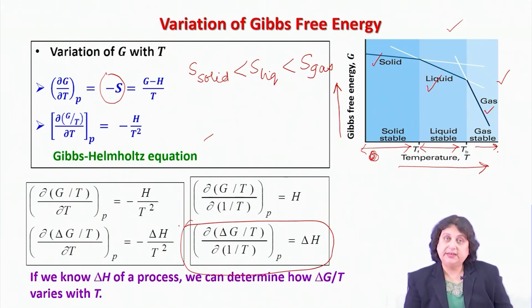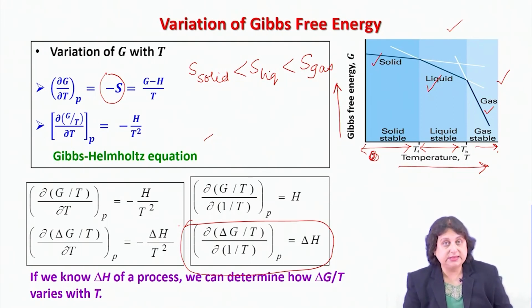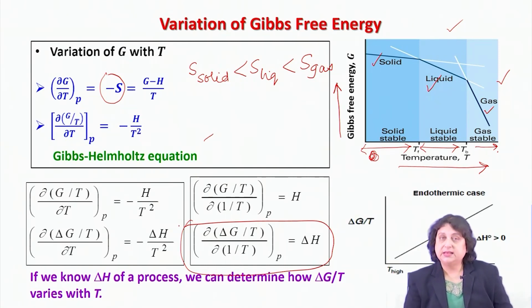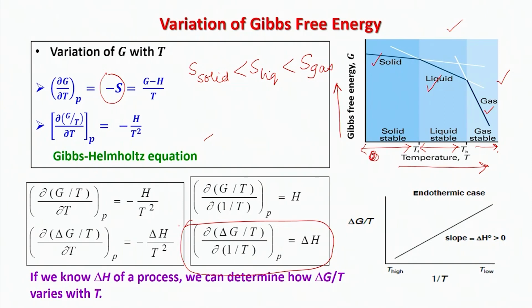So if we know the delta H of a process that we can measure very easily using a calorimeter, in that case we can determine how delta G by T varies with T. And here this is a typical result where a plot of delta G by T versus 1 by T would look like.